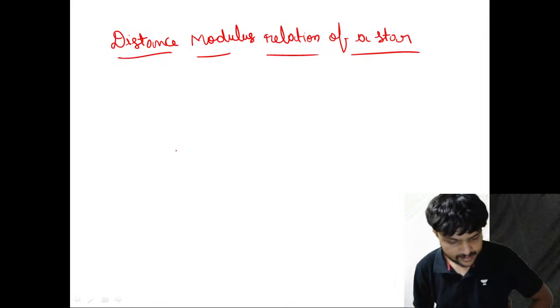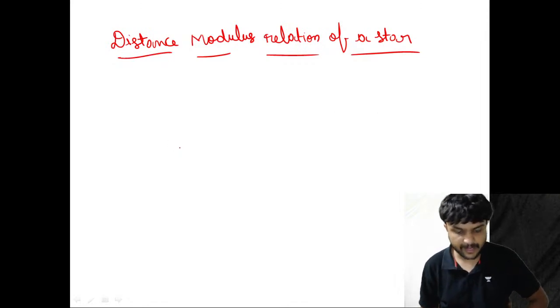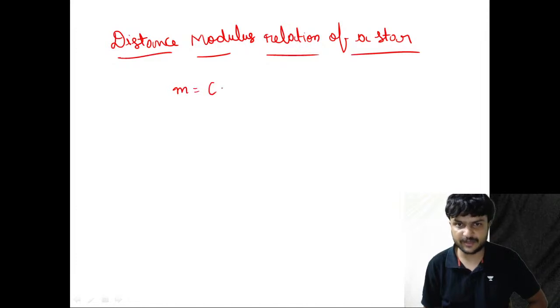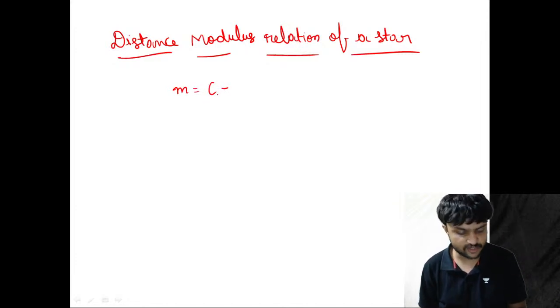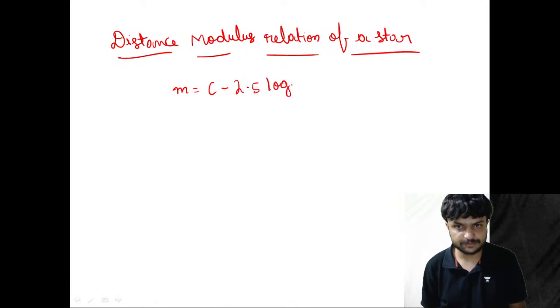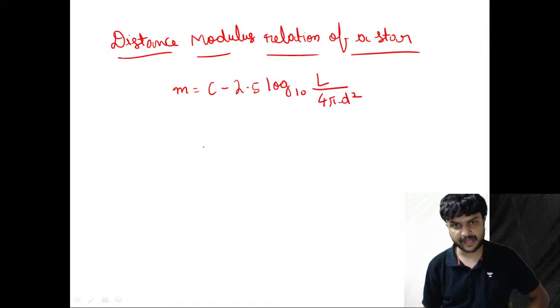So consider a star of apparent magnitude m. It's m equals constant c minus 2.5 log base 10 of L by 4 pi d squared. This will be the equation for apparent magnitude.